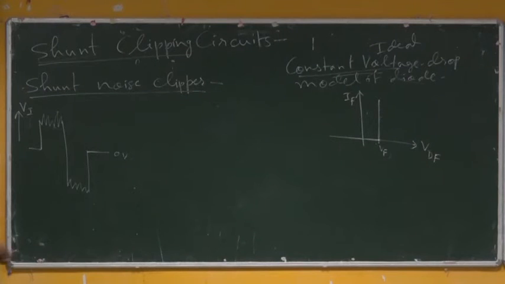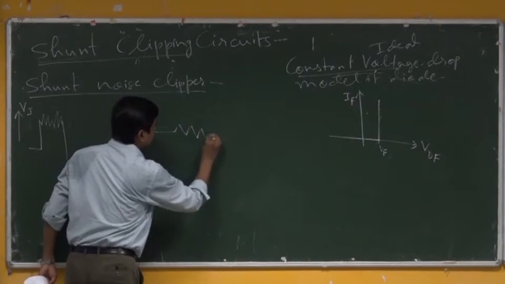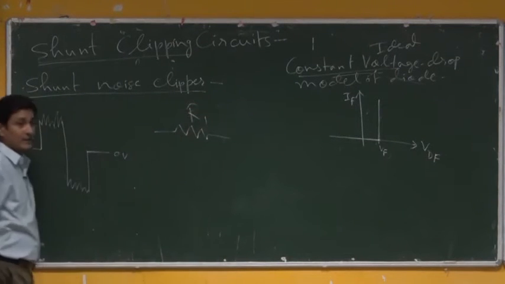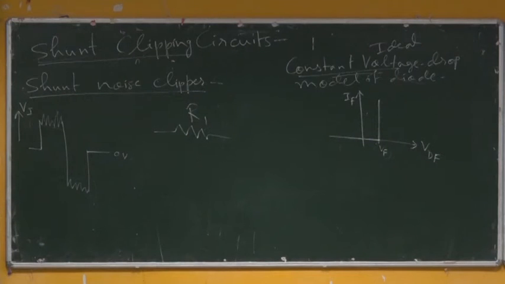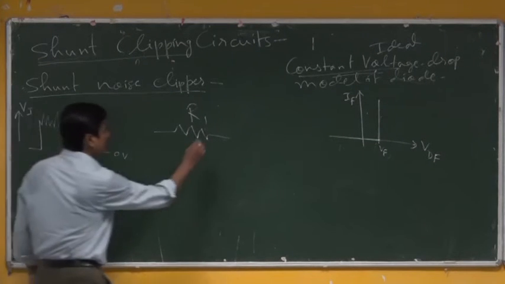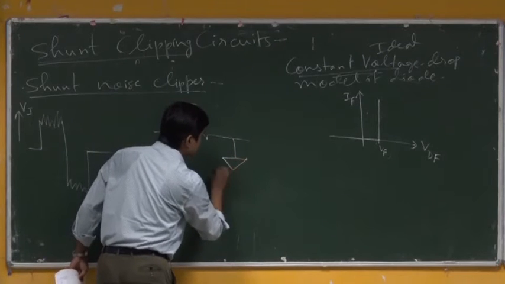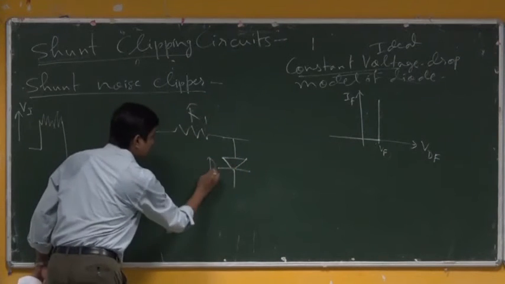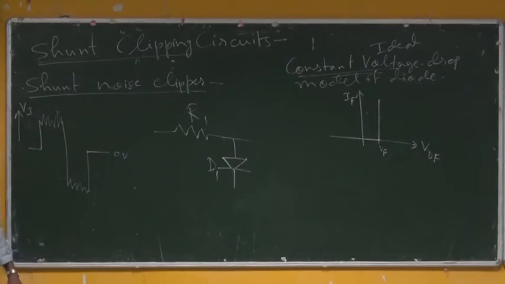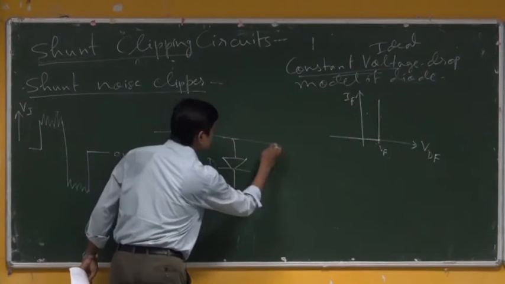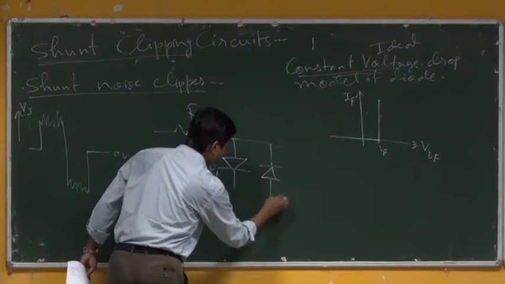Okay. So, for that you take the same arrangement like earlier, say one resistance R1 is connected and then one diode D1 is connected this way and another diode which is connected the other way to it.